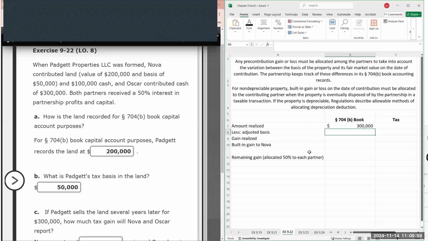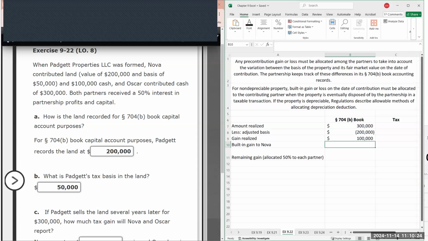The adjusted basis under book purposes would be 200,000. So the gain realized would be 100,000. But in such case, the built-in gain would not be factored in. So again, these are some of the key things to keep in mind.